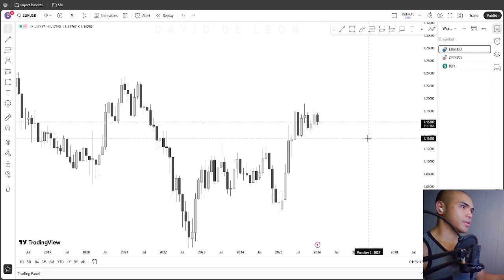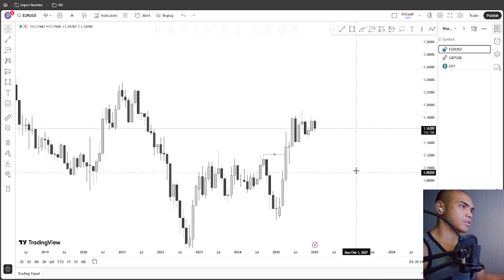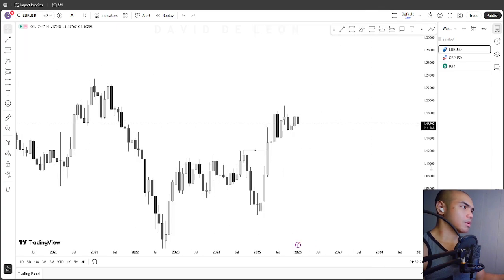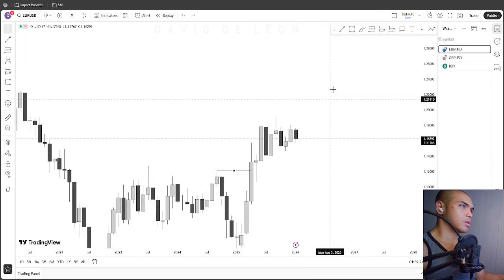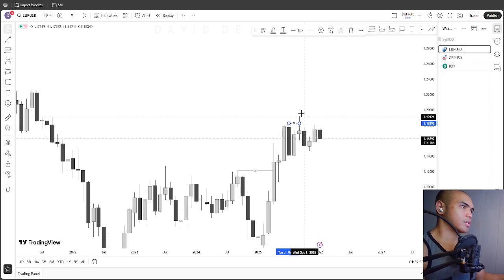We can see price action is bullish on the monthly, and we have a bullish structure here as well. Even though it's just a week, I still consider it a bullish structure.